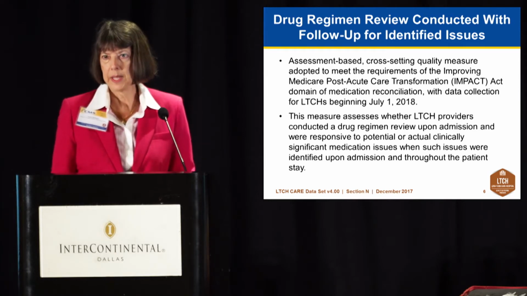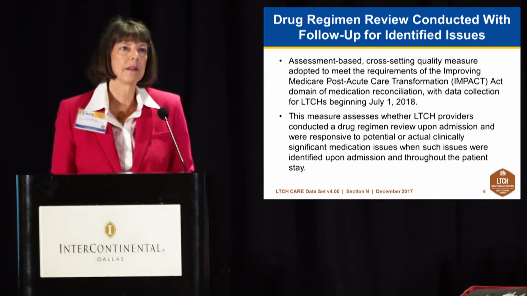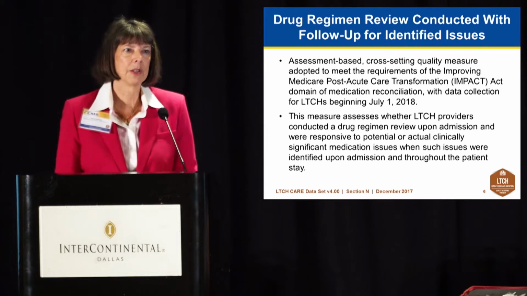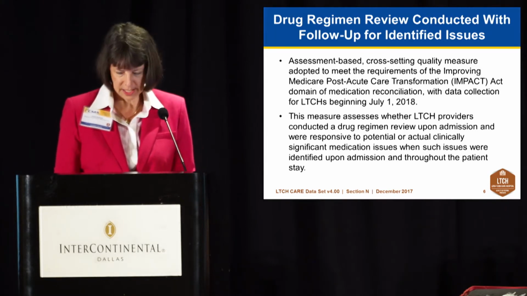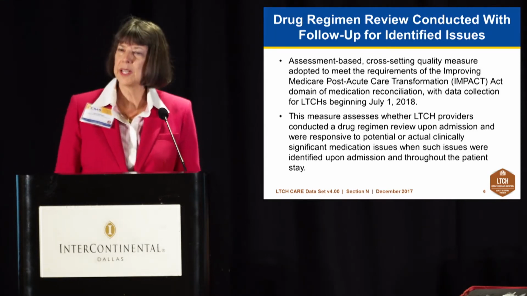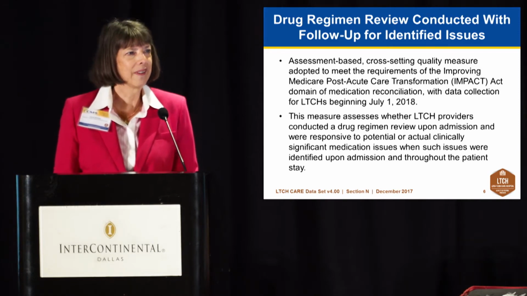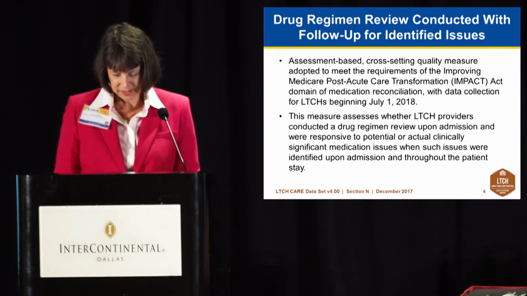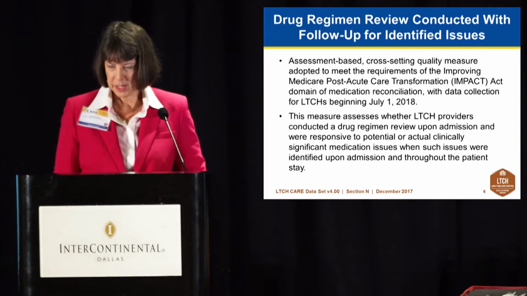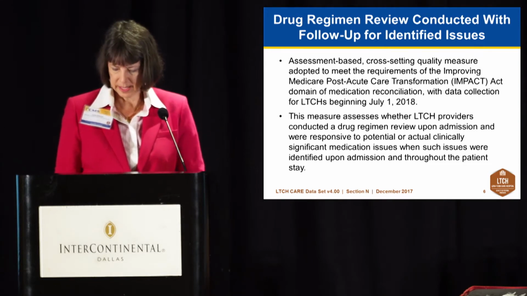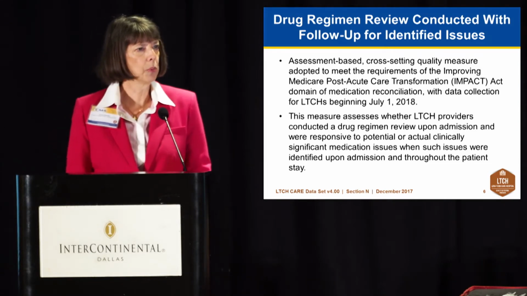And you folks will begin to collect the data for this quality measure July 1st, 2018. So you're first out the door as far as the brick and mortar facilities, and next will be IRF and SNF, who will be collecting the data beginning in October.